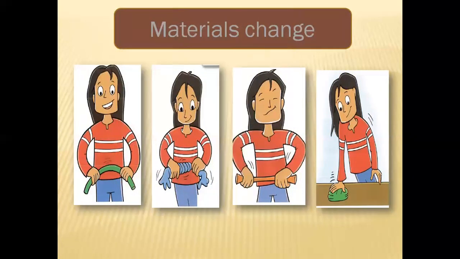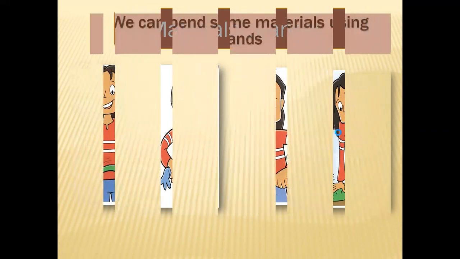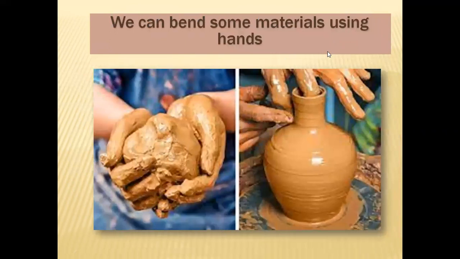So let's see. In the first lesson, we have studied how the materials change when we bend them, twist them, stretch them, or squash them. The materials change their shape. Then we have studied that we can bend some materials using hands. The example is clay because it is soft and we can easily change its shape to make some new and useful materials.